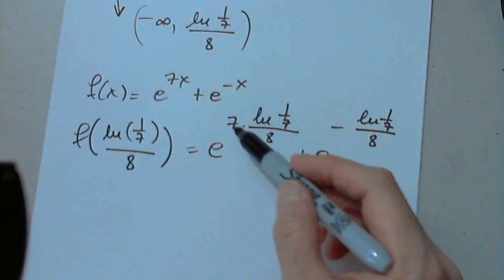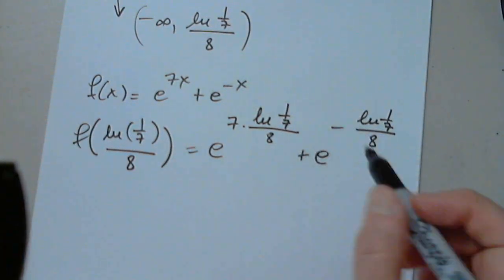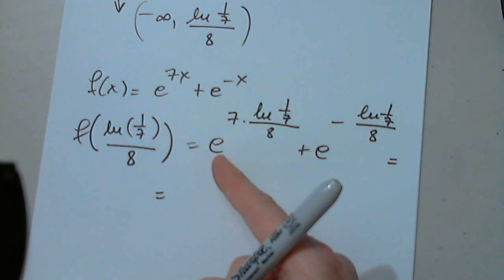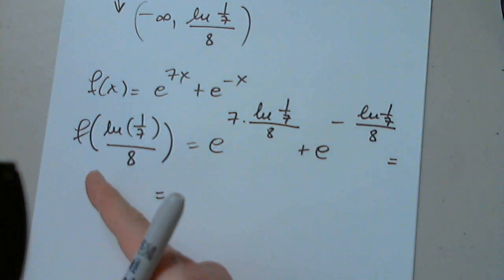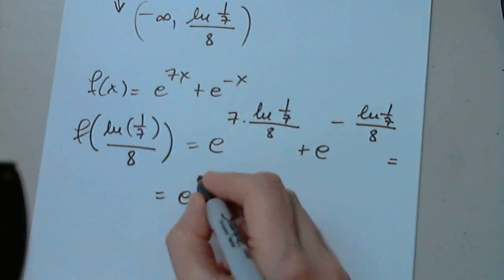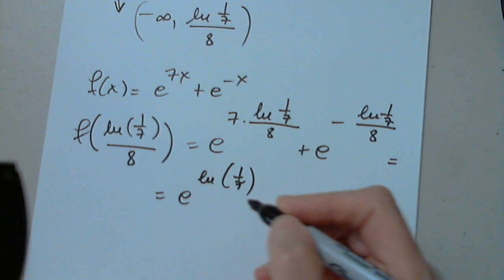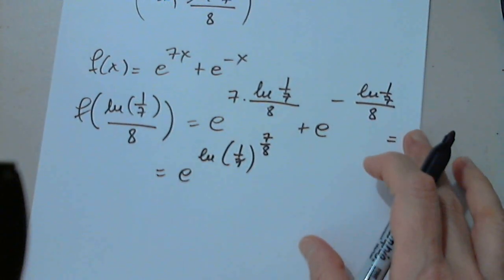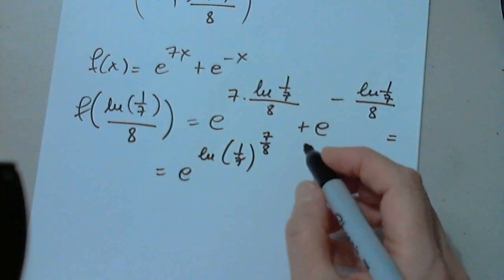In order to write the exact answer for this, it's e to natural log of 1 over 7 raised to 7 over 8. Very interesting.